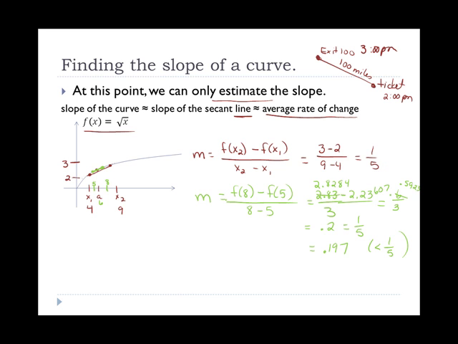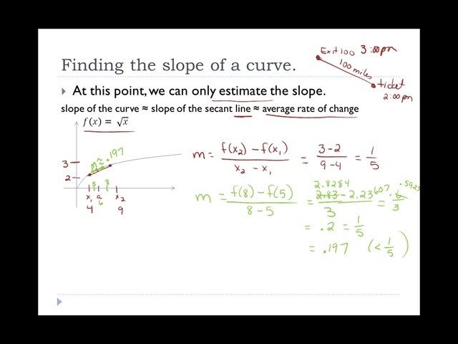When we used 5 and 8, my slope is a little less than 0.2, which is about 0.197. And if we were to use 5.5 and 7, we might get that to be something like 0.191 or something slightly. So it looks like the slope of that is approximately 0.19 or 0.197.